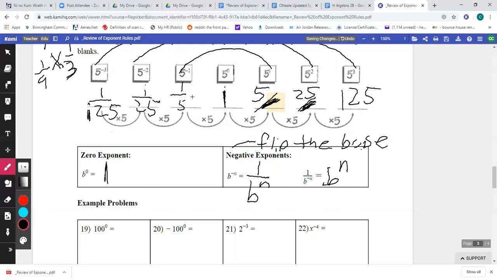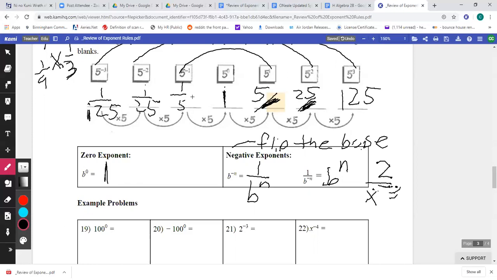Okay. Now, I want to show a common error that people make. On the side here, let's say I have something like 2 over x to the negative 3.